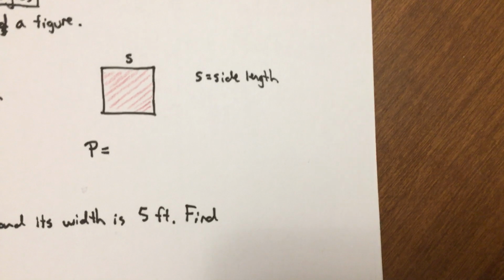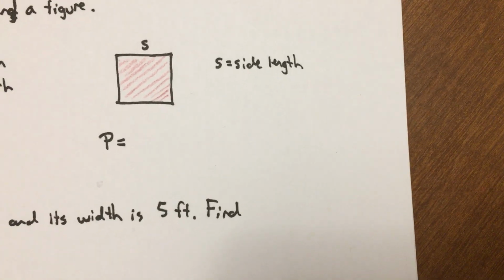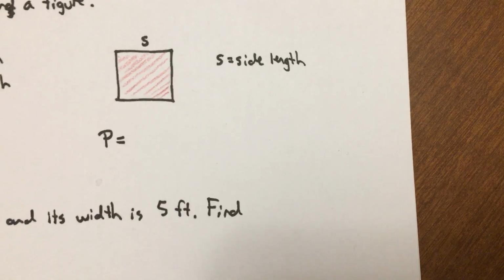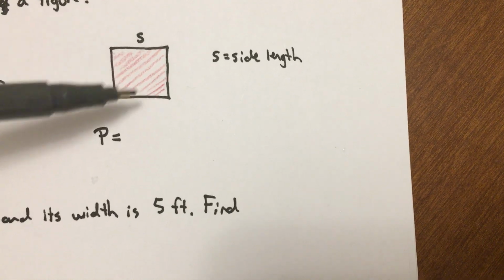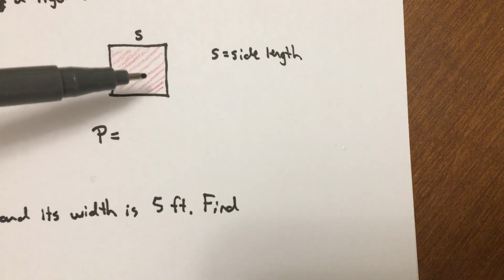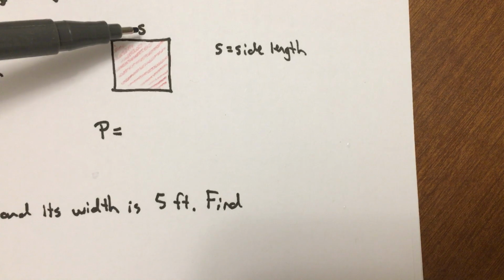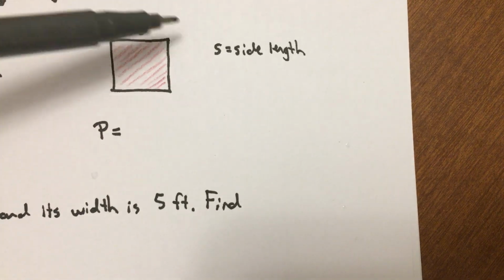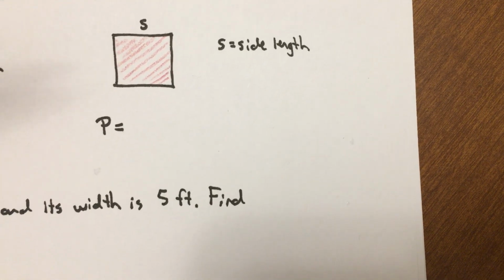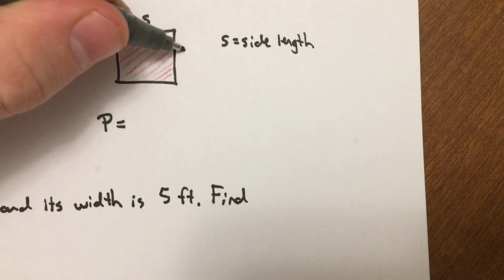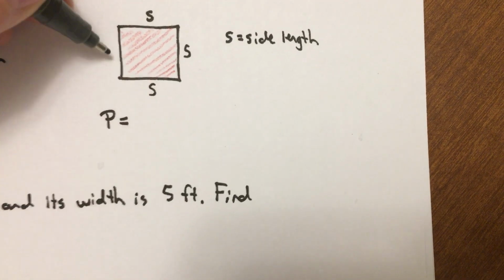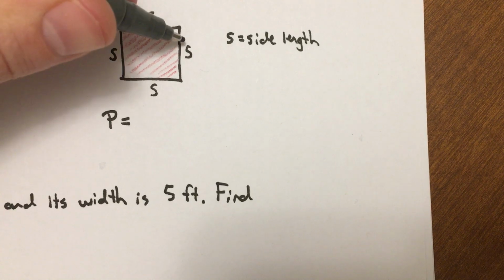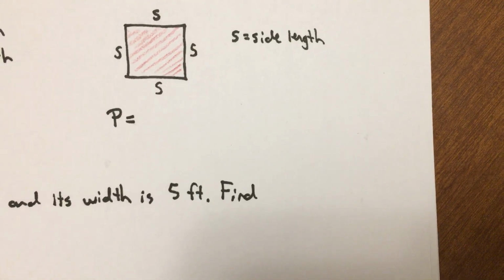Now let's take a look at the square over here off to the side. So one thing we know about squares is that all four sides are congruent in measurement with each other. So we're going to use the variable s to represent the side length of a square. So based off of what we know about squares, all four sides are going to be the same measurement.